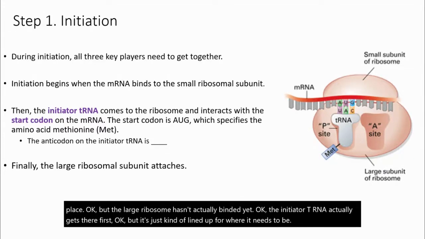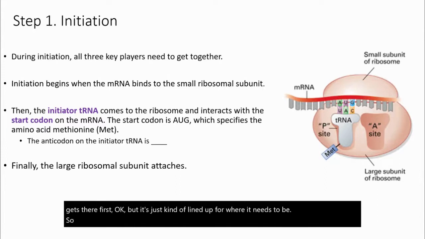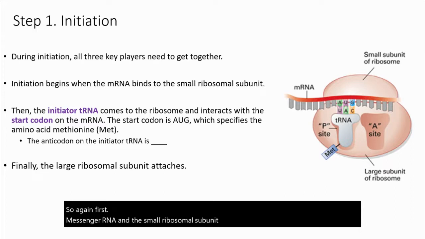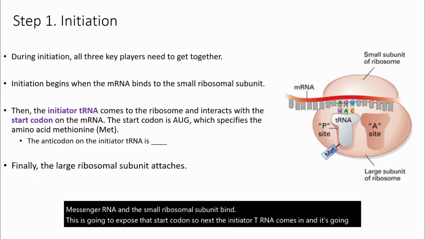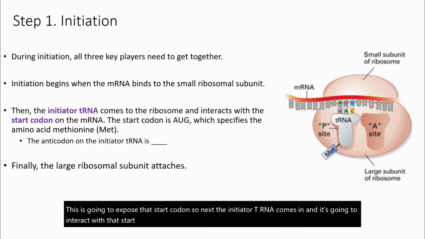Okay, so again, first messenger RNA and the small ribosomal subunit bind. This is going to expose that start codon. So next, the initiator tRNA comes in and it's going to interact with that start codon because the sequences are complementary.